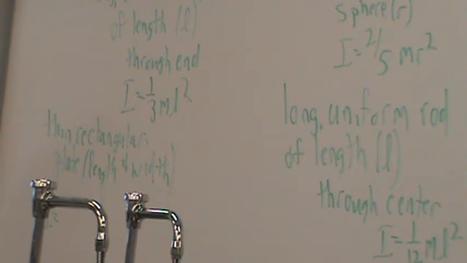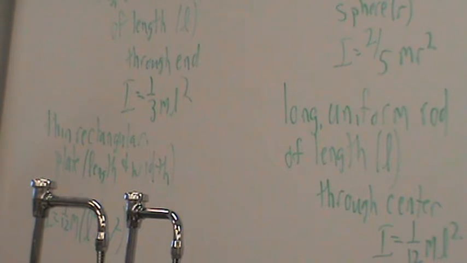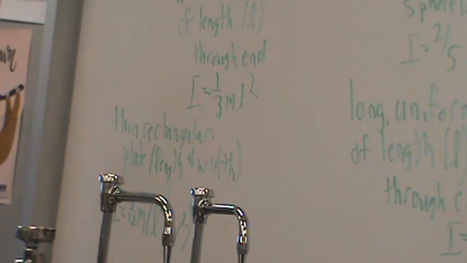The formula for this one is one twelfth times M times L squared plus W squared, and this would be right through the center of the plate for the axis point.